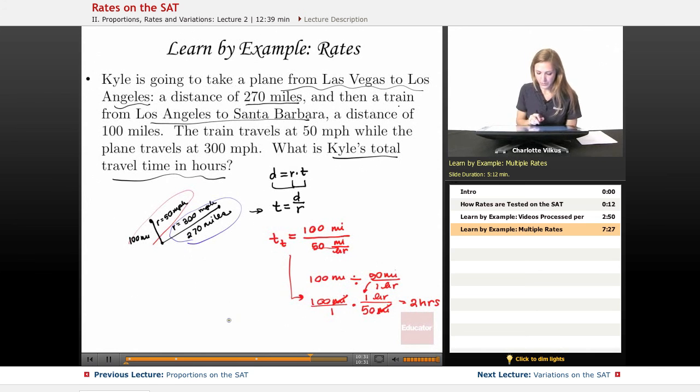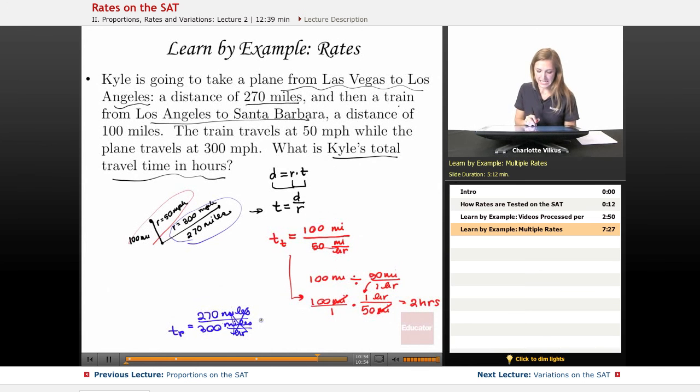So if we want to do the plane, we can do that one a little bit quicker by just doing the time on the plane is going to be the distance, so 270 miles over the total rate that we're traveling at, so 300 miles per hour. And I know that just like up here, I'm going to get units of hours, which is good.